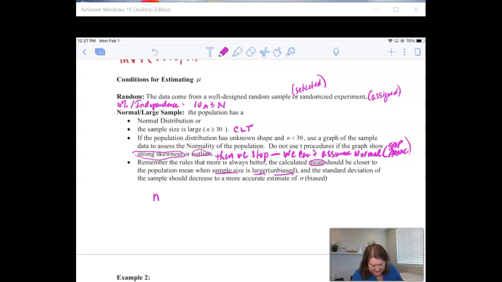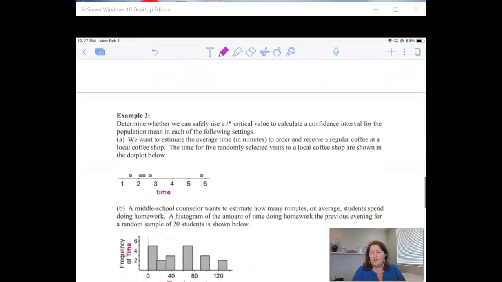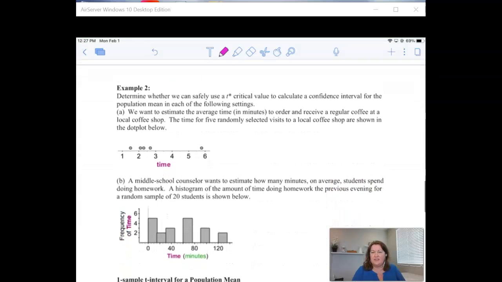So as n increases, standard deviation or spread decreases. This one is going to be a biased estimator. I'm not going to get the same standard deviation for the population as I am for a sample, and samples of different sizes are going to give me different standard deviations. All right, so let's go through an example of checking that extra thing for whether we can assume it's going to go normal or not.